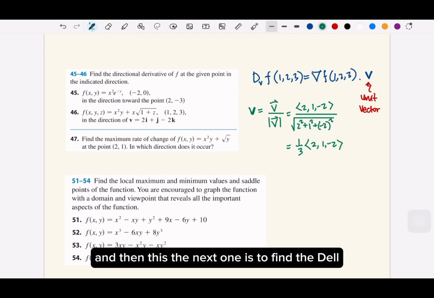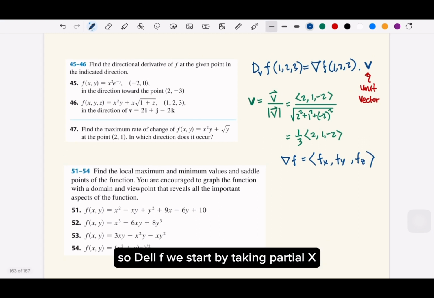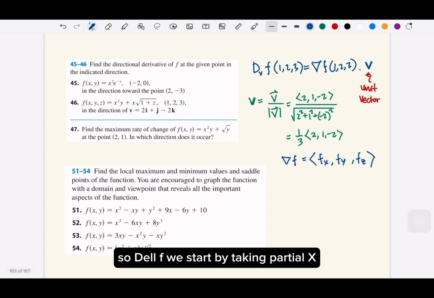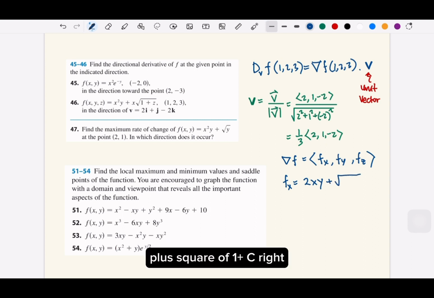And then the next step is to find the del, which means partial x, partial y, and partial z, okay? So for del f, we start by taking partial x. We can write one by one if you want, to make it clear. So this will be 2xy plus the square root of 1 plus z, right?